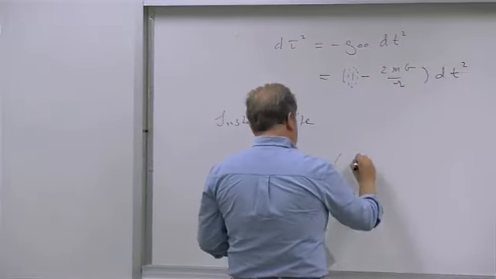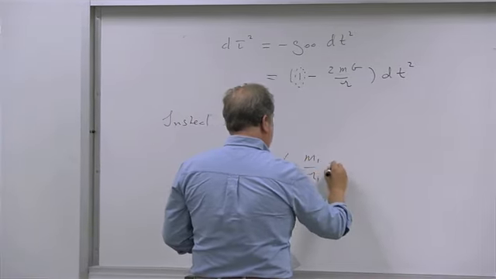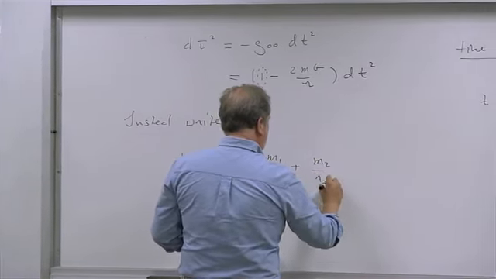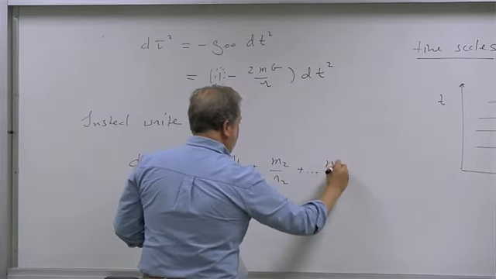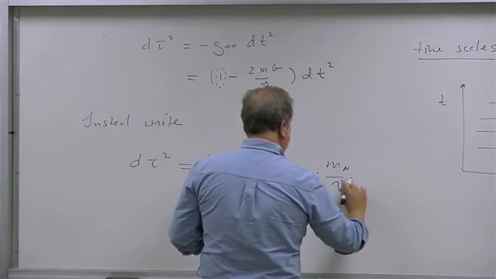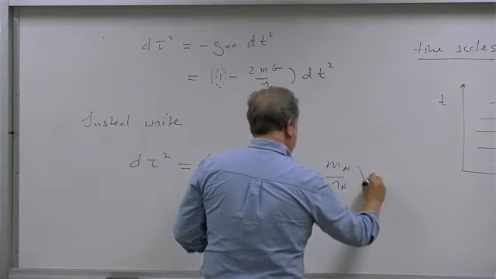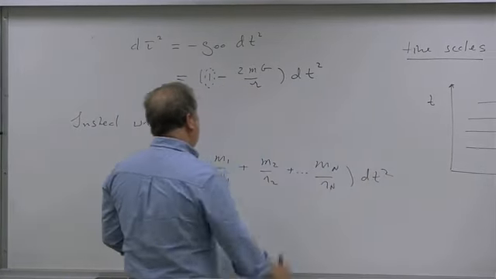So we will write it as m1 over r1 plus m2 over r2 plus dot dot dot mn over rn, right? And then times dt squared, right?